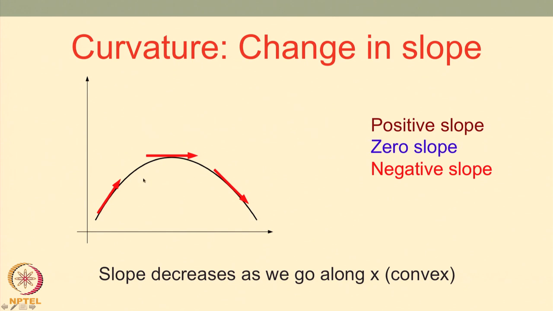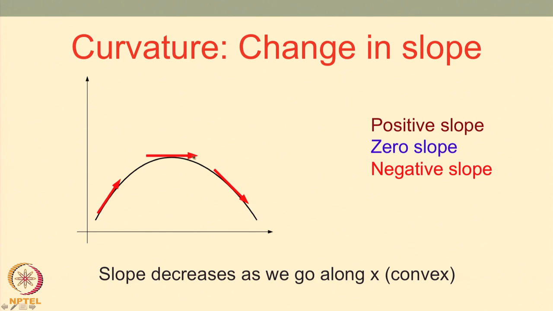So, what we can see here is that on the left side, the slope is positive. That is, the function is increasing as x increases. But if I look at 2 points, one can see that the slope itself would decrease. And here, if I look at the peak, the tangent, if I draw a small straight line for a small segment, it will be essentially parallel to the x-axis.